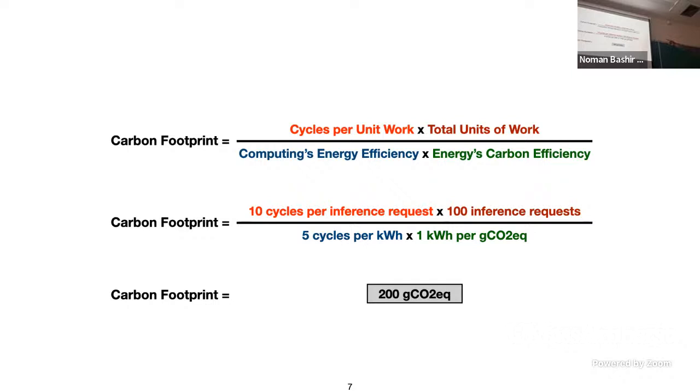Then at the bottom, we have 5 cycles per kilowatt hour and 1 kilowatt hour per gram of carbon dioxide equivalent. Under these settings, serving these 100 inference requests will emit 200 grams of carbon dioxide equivalent. The goal of showing this equation was to show the different factors that play a role when you have to determine the carbon footprint of an application.